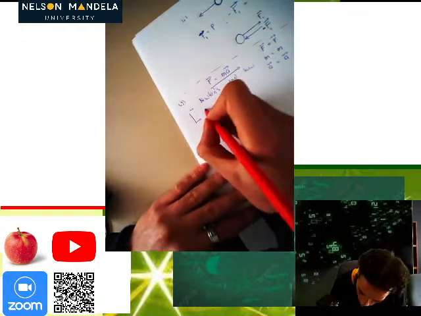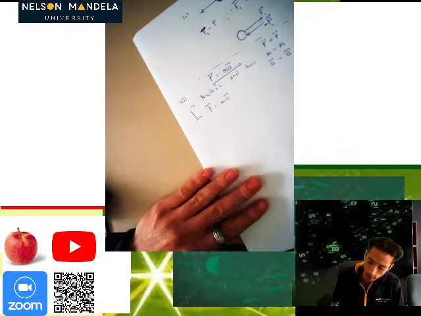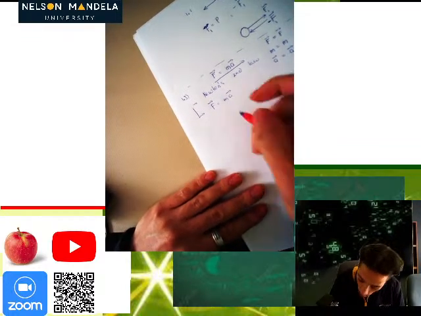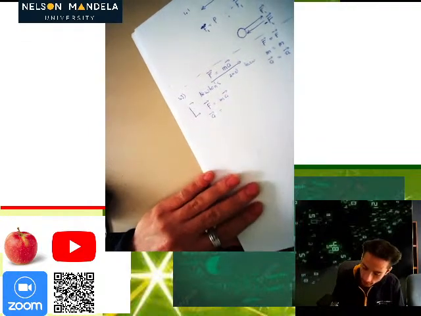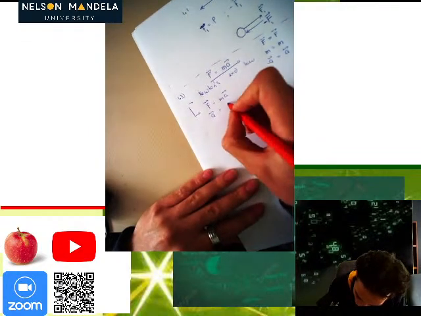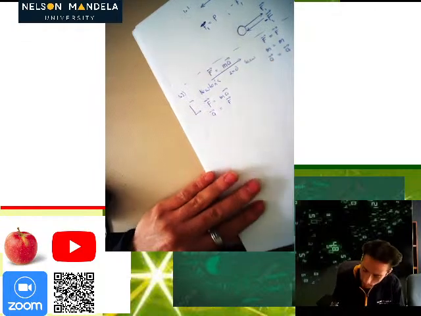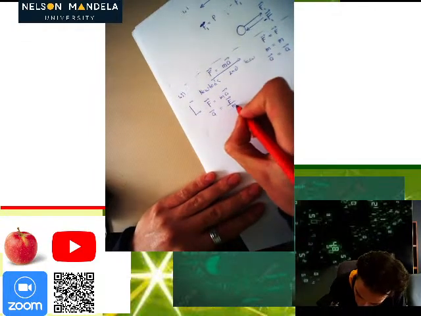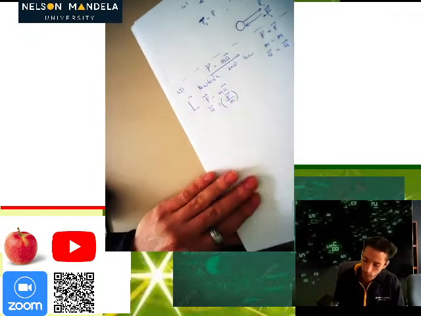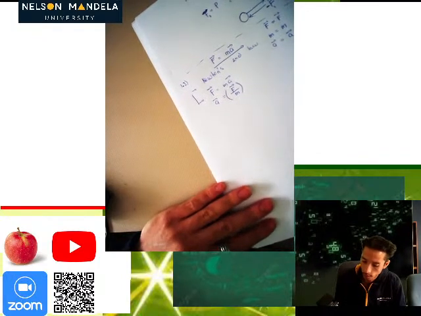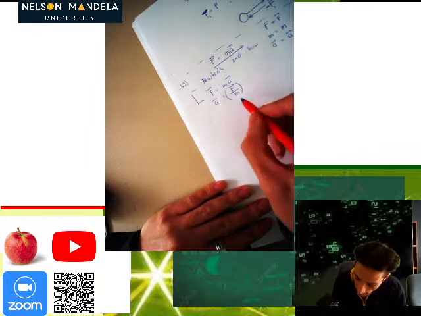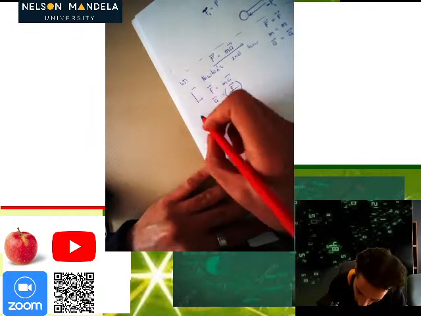So this is how we would go about getting our force, and if we rearrange the equation, we would get acceleration directly proportional to force and inversely proportional to the mass.